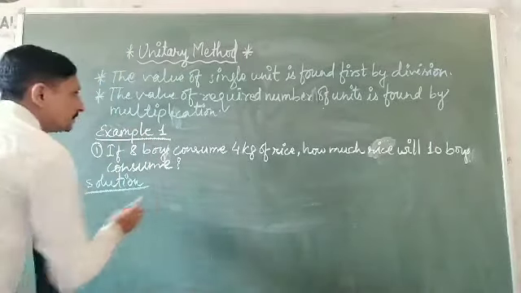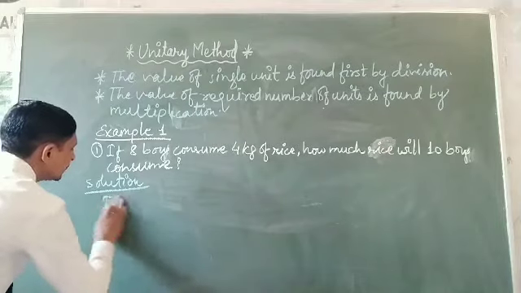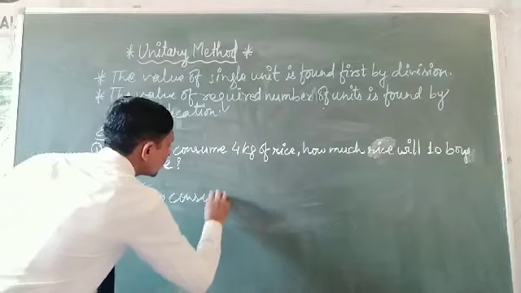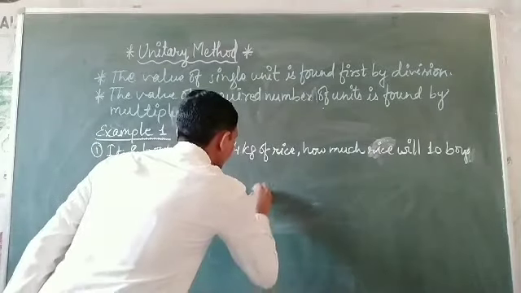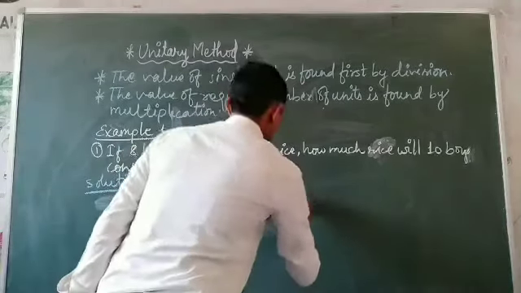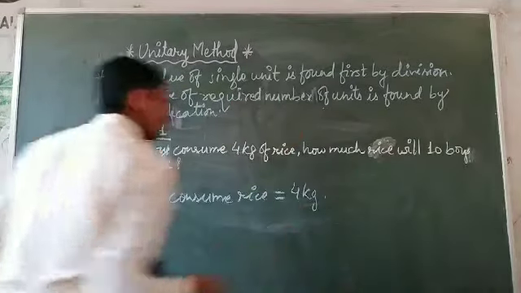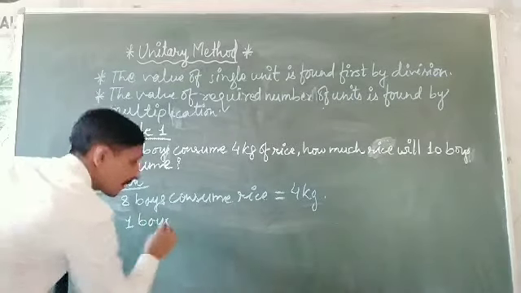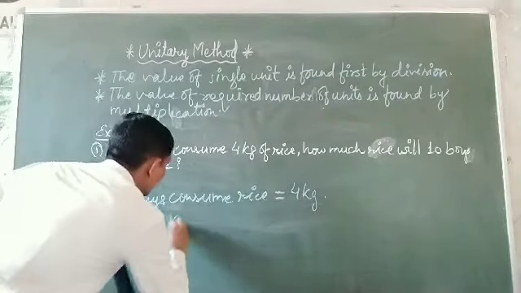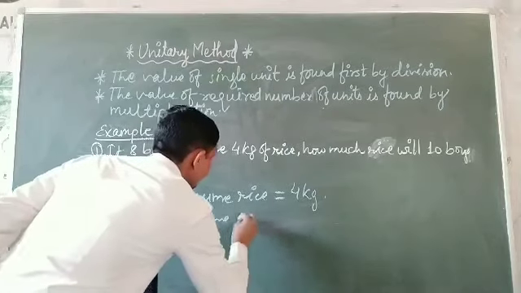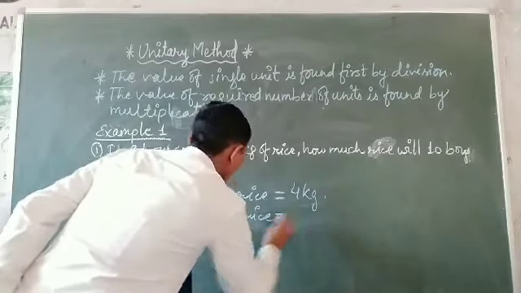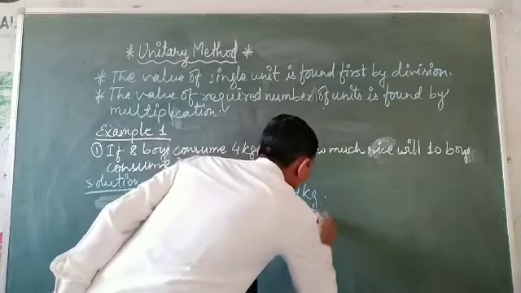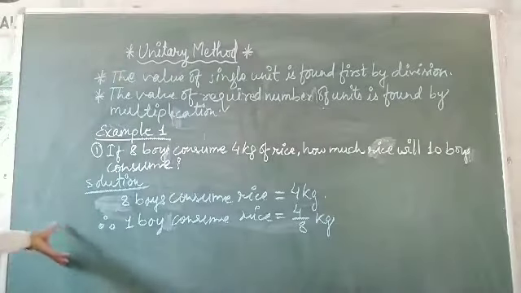That is, if 8 boys consume rice equal to 4 kg, then one boy consumes 4 by 8 kg.